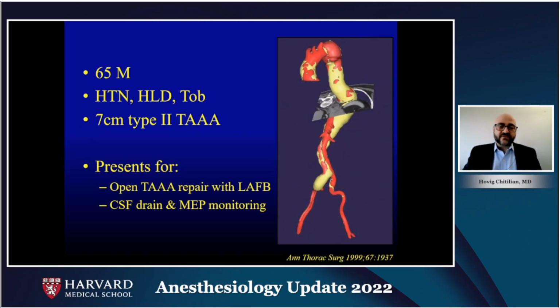This patient presents for open thoracoabdominal aortic aneurysm repair with left atrial femoral bypass. And it's noted that a CSF drain is requested to be placed and motor evoked potential monitoring will be used.